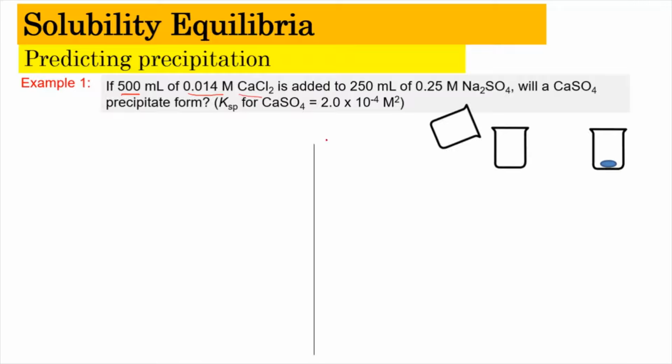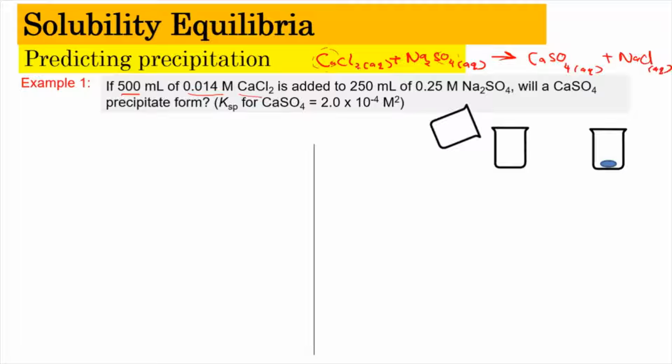So for this reaction, it basically involves CaCl2 solution, which is in the aqueous state, reacting with the Na2SO4, which is the aqueous state as well. When they react together, what they're going to produce is the ions of the calcium sulfate, which is the CaSO4 aqueous plus NaCl, which is also in the aqueous state.